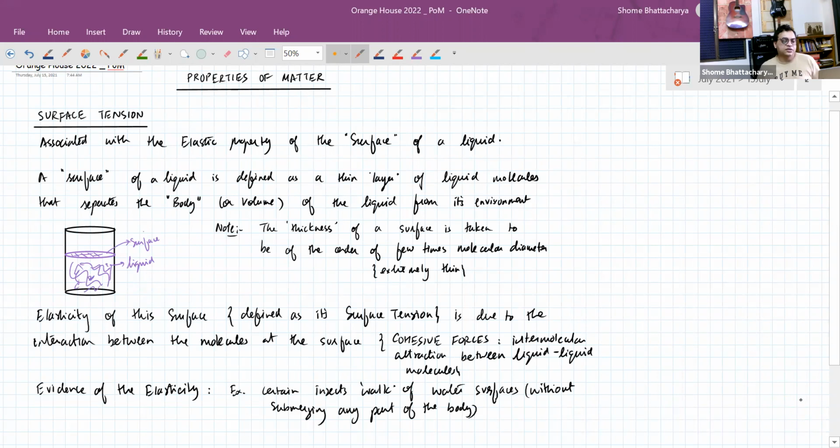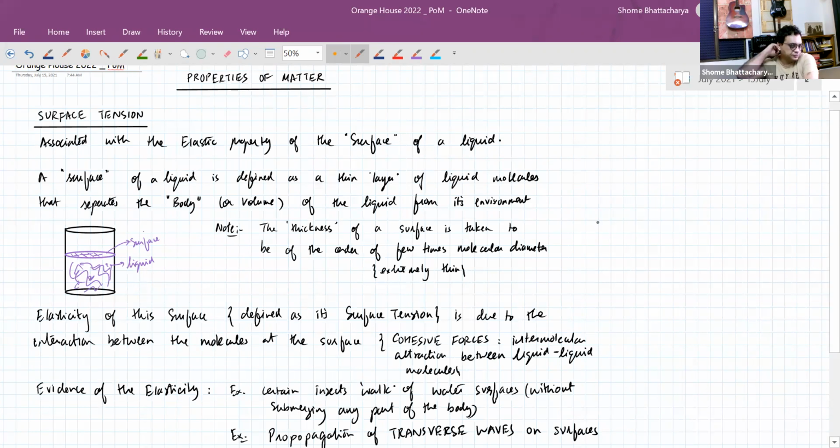So the surface is able to support their weight like an elastic membrane, like a thin rubber sheet or something like that. Another example which shows the evidence of the elasticity is the propagation of transverse waves on liquid surfaces. So that would not be possible if it did not have some elasticity and tension.